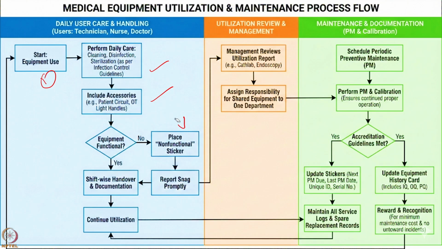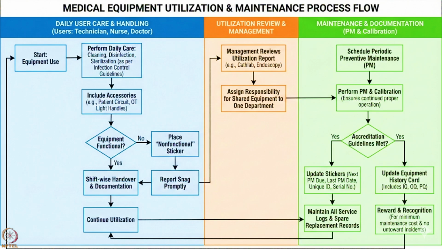It is very important for us to understand this when you are working on medical equipment utilization, and when you come across the utilization review and management plan, you need to work on the management reviews and utilization report, which may be coming from the cath lab, endoscopy or other units. If it is done the right way, you need to assign the responsibility for shared equipment to one department, and the department will perform the calibration, ensure the continuation of the proper operation plan, and schedule a preventive maintenance meeting.